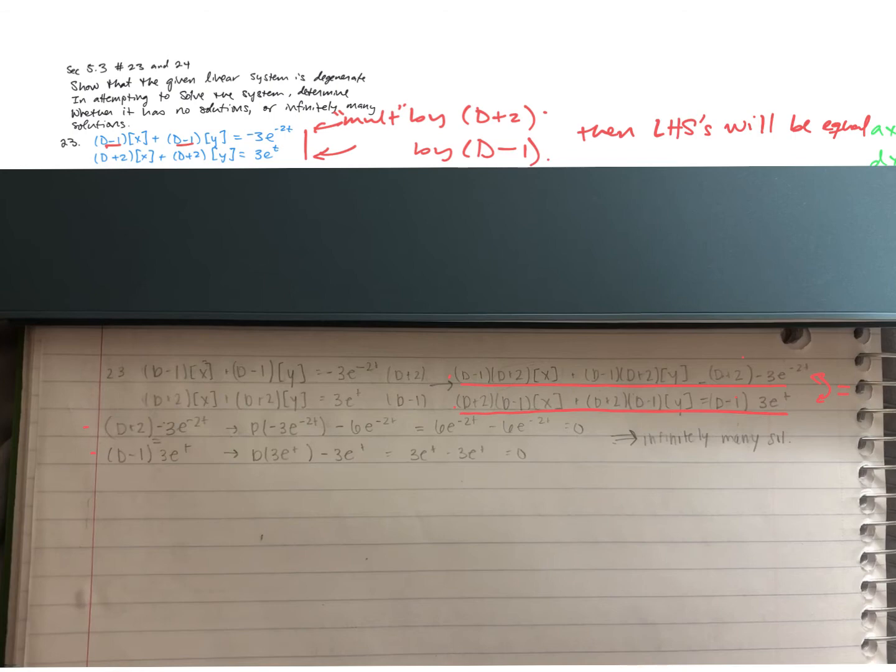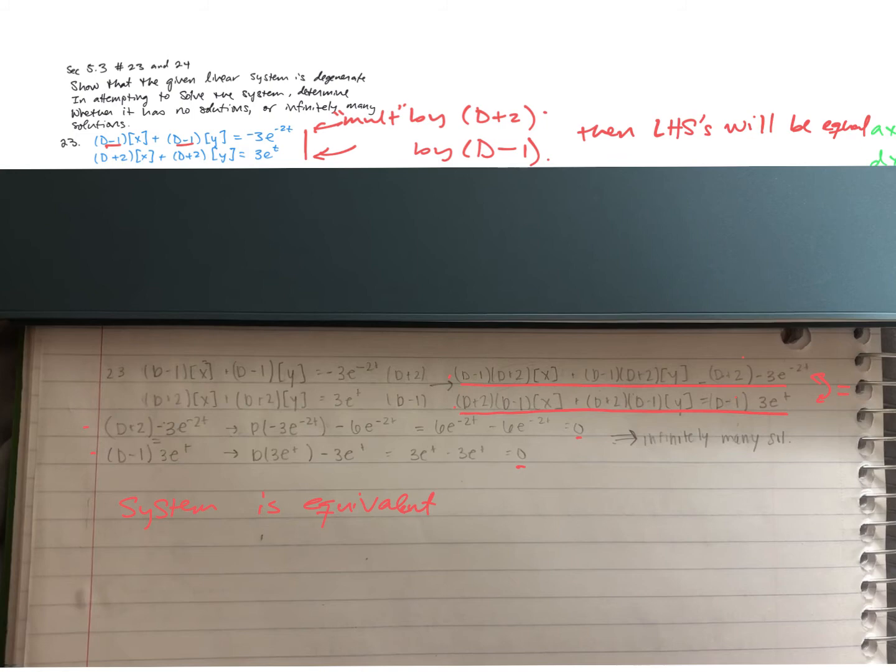So d plus 2 of the exponential, you have to take the derivative there, and so you end up with 0 for both of them. So what she's shown is that the system is equivalent, because she just did some algebraic manipulations.